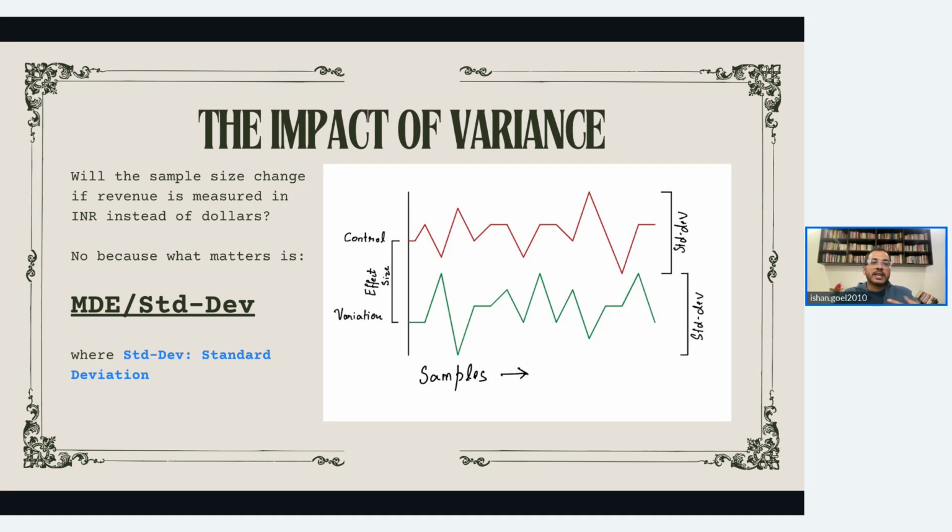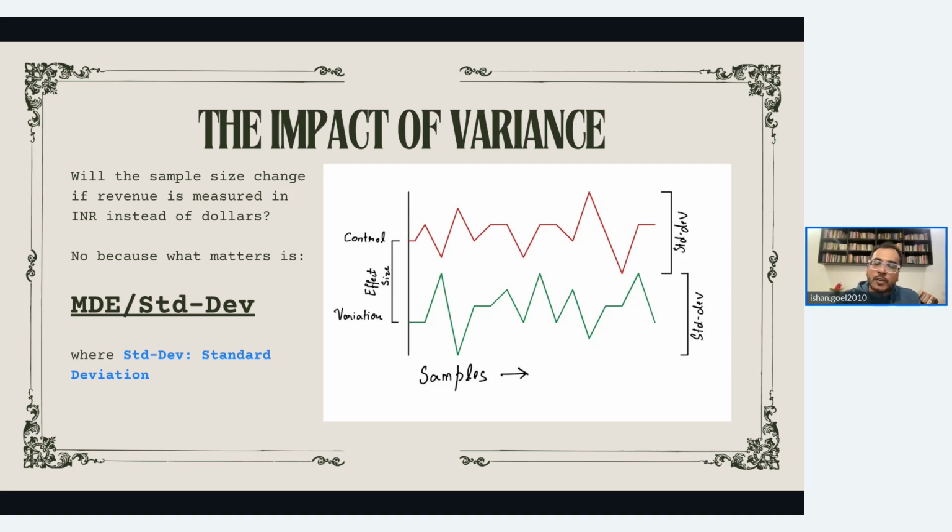INR is the currency of my home country. Dollar values are very small in number, like $100 can buy you a lot of things, whereas in INR this number increases to 10,000 and 20,000 and so on.